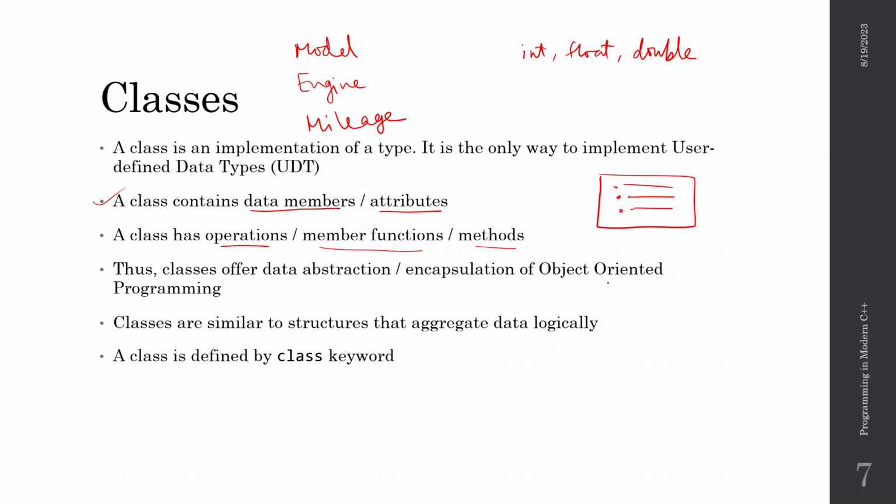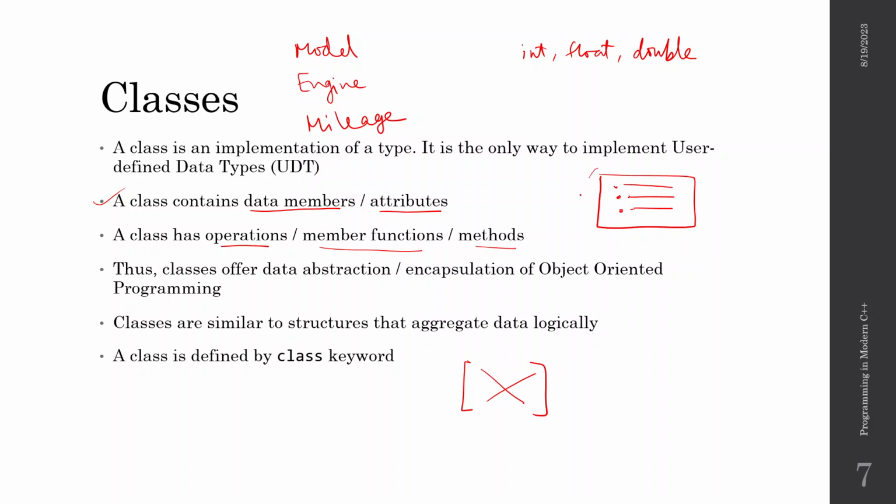Let us say that we have defined a class for a matrix. A matrix has operations like addition, subtraction, multiplication. Ideally we would like to define those functions as well, so that we can define the behavior of the class.